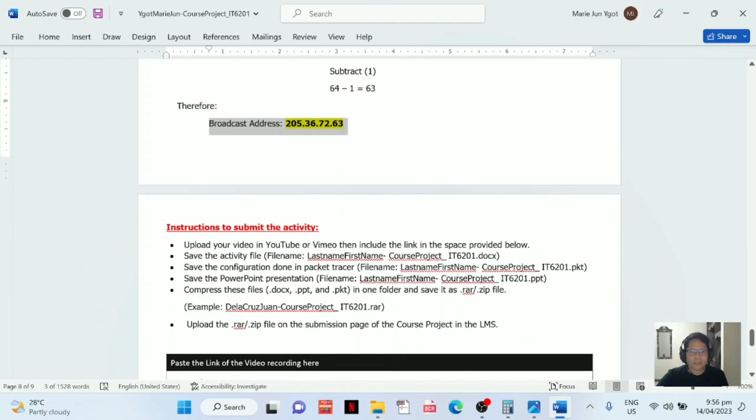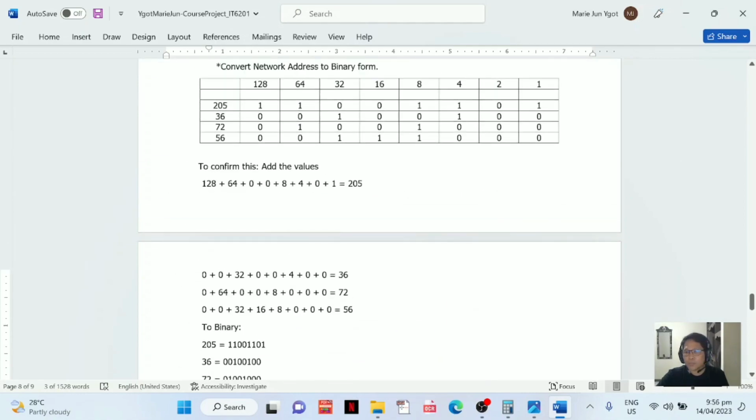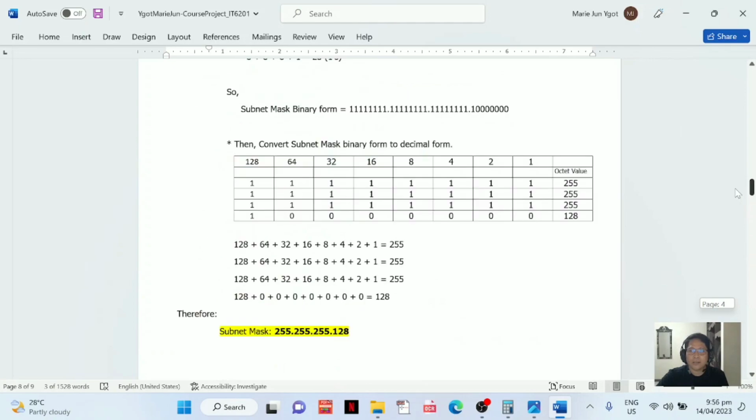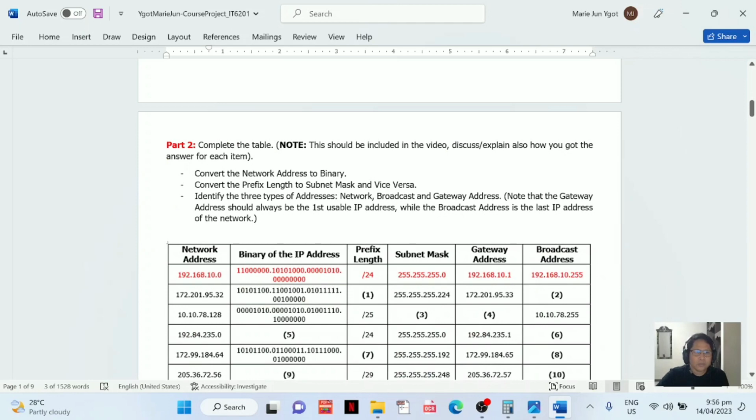Okay, so I think that's all. We solved and explained all our problems. To sum up, let me check our objectives for this activity. We already converted some network addresses to binary, and we also converted a prefix length into a subnet mask, and a subnet mask to a prefix length.